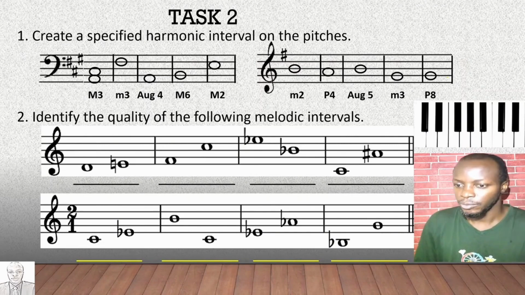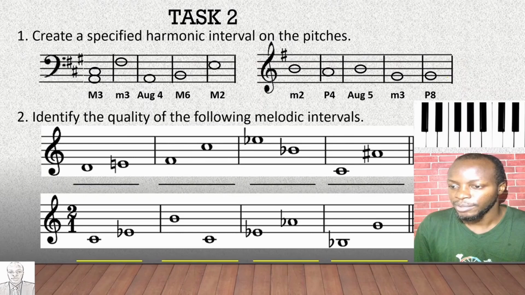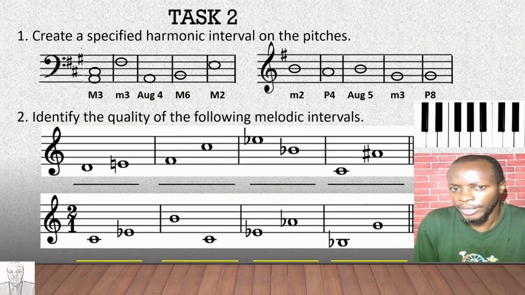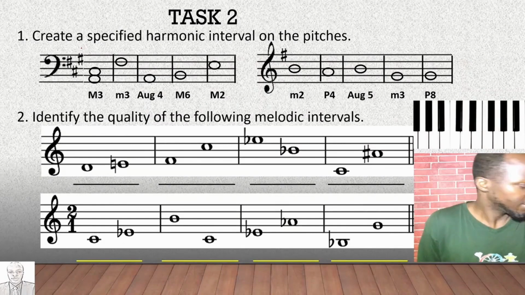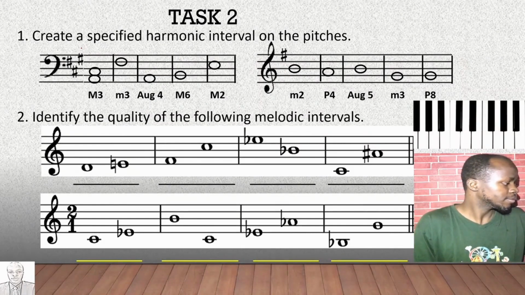The first one says, create a specific harmonic interval on the pitches. The first one has been done already. This is the key of either A major or F sharp minor.